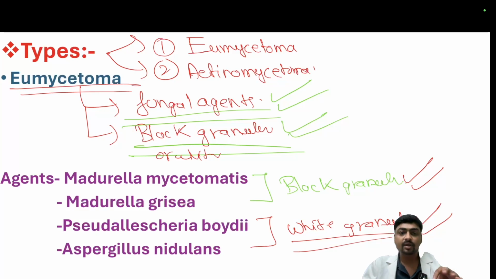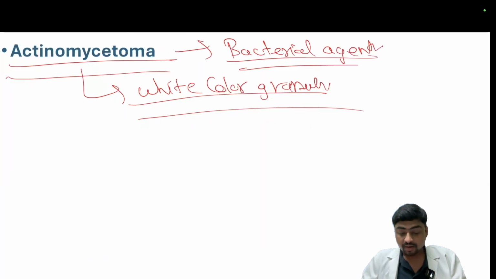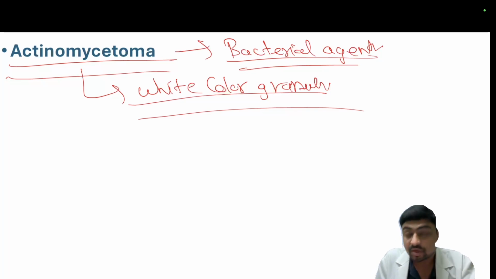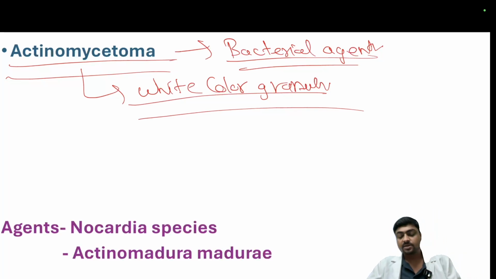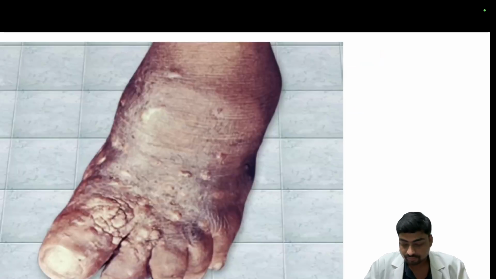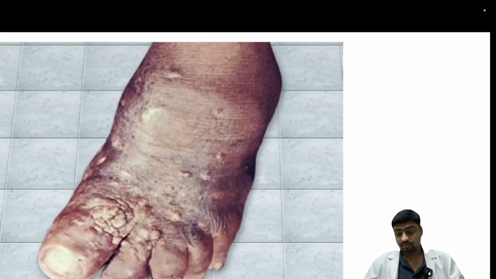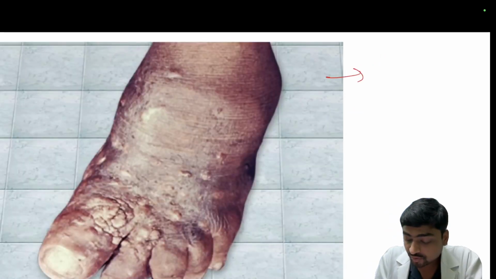White color granules can also be found in Eumycetoma, but majority will be black. But in case of Actinomycetoma, only white color granules are present, which are produced by bacterial agents. Now the two types of bacterial agents, first one is Nocardia species and second one is Actinomadura madurae, are responsible for Actinomycetoma.